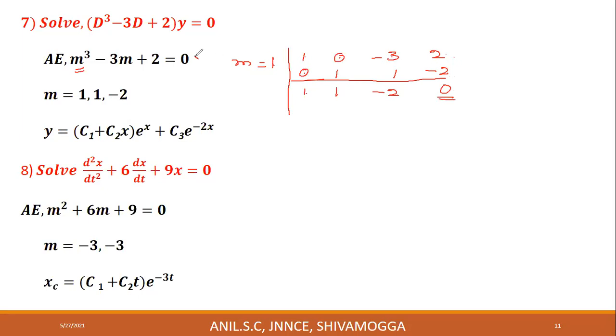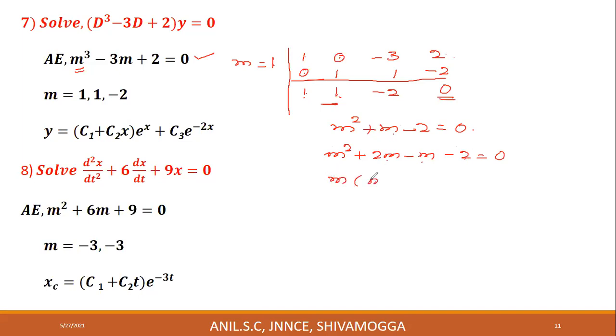Therefore, this cubic equation is reduced to a quadratic equation, that is 1 into m square plus m minus 2 equal to 0. You can easily factorize this. m square plus 2m minus m minus 2 equal to 0. 2m minus m is m. 2 into minus 1 is minus 2.